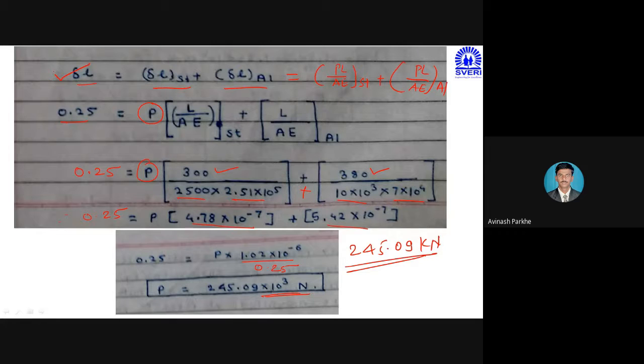So what is the name of the particular type? Problems on bars of varying cross-sectional area, in which a number of cross-sectional areas are given. All the number of cross-sectional areas or the sections are subjected to only one external load. If you remember the construction of this particular figure, all the three sections are subjected to only one external load.